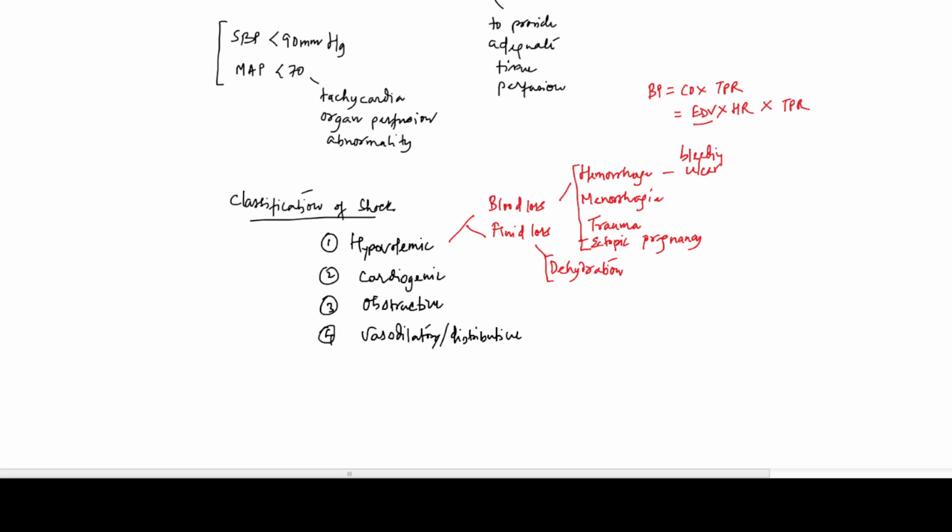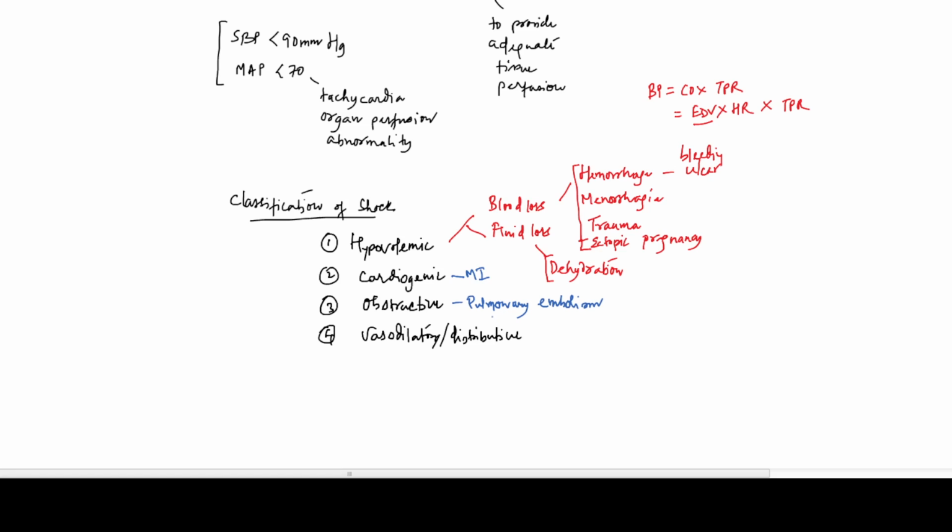So cardiogenic, by cardiogenic, we mean if there is a problem with the heart, say myocardial infarction. In this condition, the heart wouldn't be able to pump and maintain perfusion. That can lead to shock. Obstructive could be due to, say, pulmonary embolism, or a clot anywhere in the circulatory pathway.